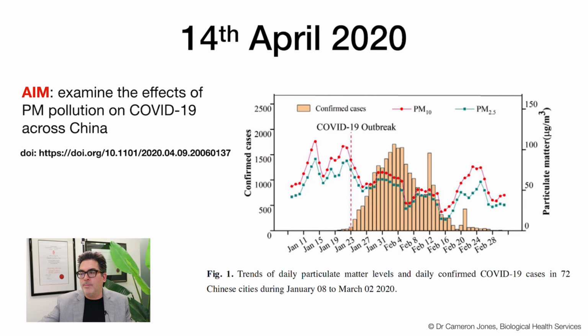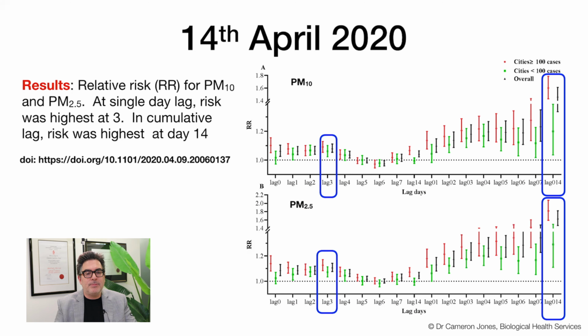But the more important point in this curve is something they've done with regard to the RR, or the relative risk of contracting COVID-19. That is actually being exposed to the virus and going on to have the illness or the disease. They looked at the two size classes, the PM10 and the PM2.5, and they looked at something called a lag. On the left-hand side of the graph, there's a graph at the top and the bottom.